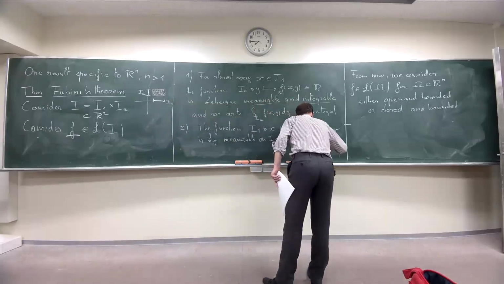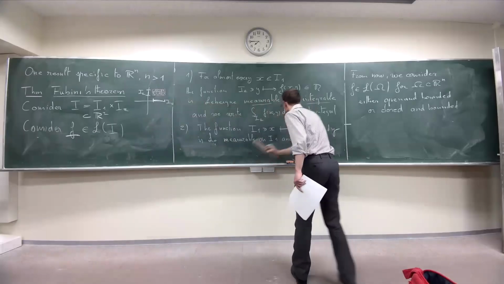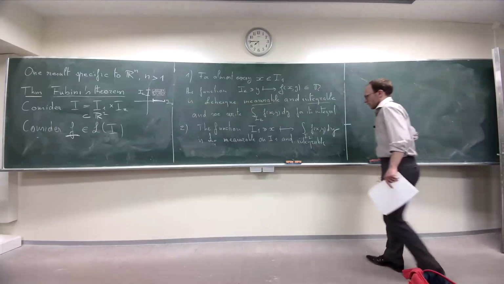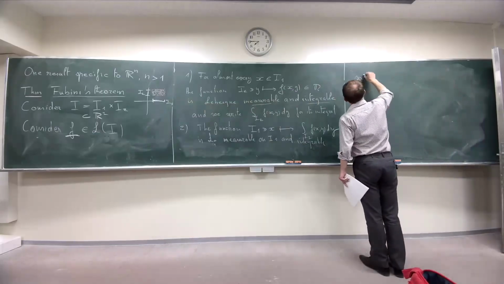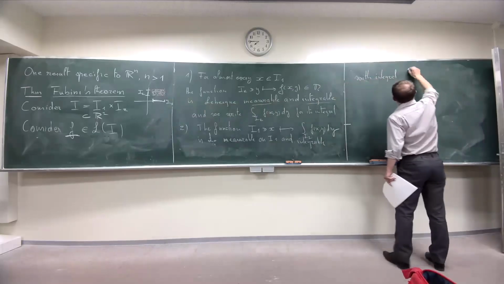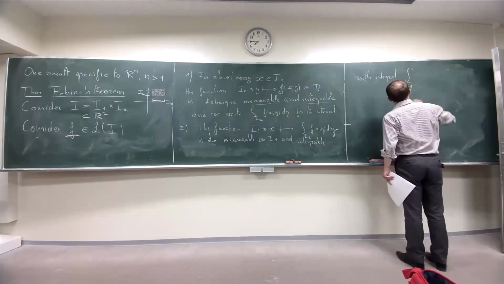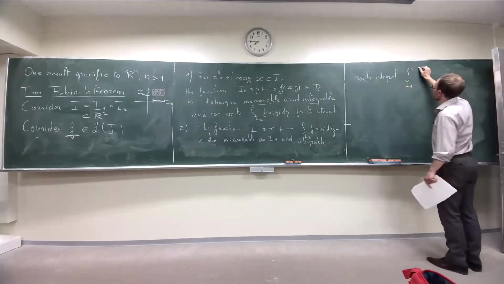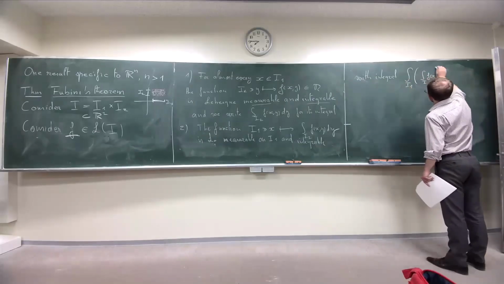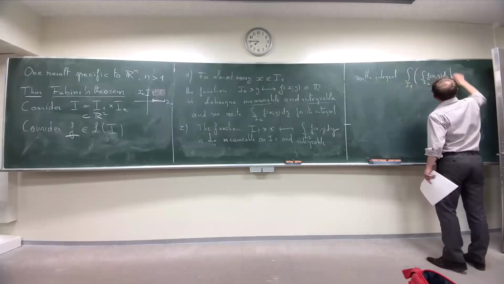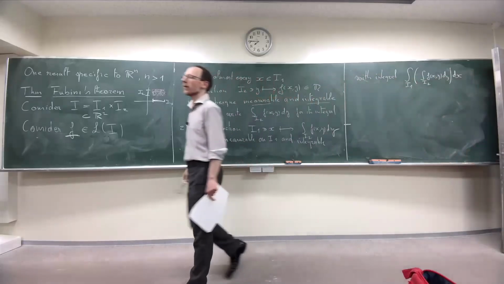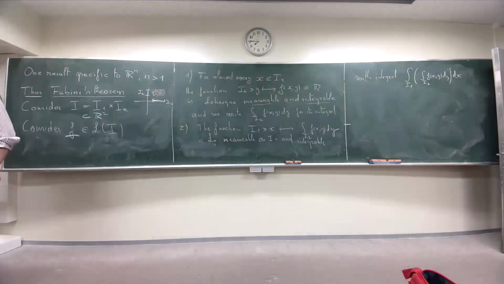And I'm going to write the notation for its integral: the integral on I1 of the function, the integral on I2 of f of x, y, dy, dx. So the order is very important because it is in the way I define it.